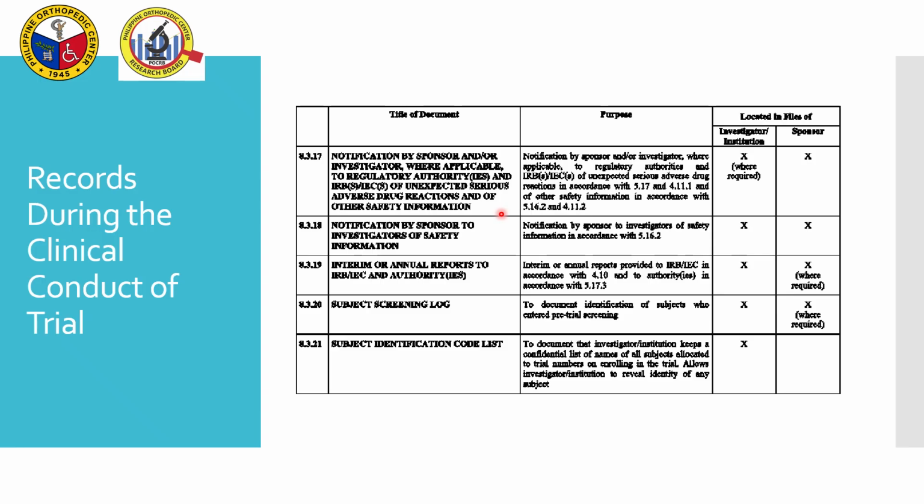It is the responsibility of the sponsor and the investigator to notify authorities and the IRB, IEC of any serious reactions or unexpected serious reactions, to comply with safety reporting standards. This must be kept in sponsor files and the investigator's files.